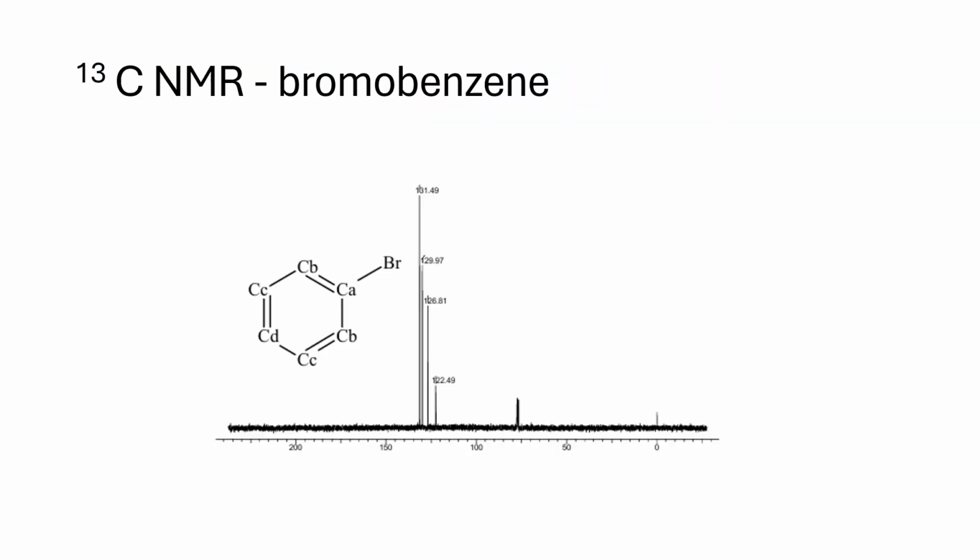Okay, what else? This is bromobenzene, so this is CHCl3, an impurity in deuterated chloroform. And this is all of the aromatic region, they are different. So one is this one, these two are the same, these two are the same, and so on. So monosubstituted benzene.